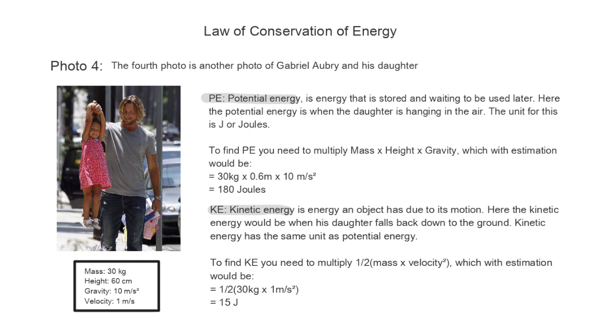Then we have KE, or kinetic energy, which is energy an object has due to its motion. Here, the kinetic energy would be when the daughter falls back down to the ground. Kinetic energy has the same unit as potential energy. To find KE, you need to multiply 1/2 of mass times velocity squared, which with estimation would be 1/2 times (30 kilograms times 1 meter per second squared) equals 15 joules.